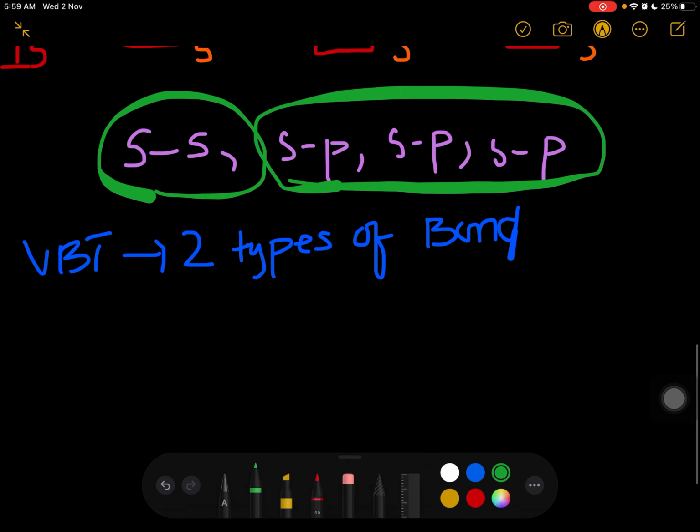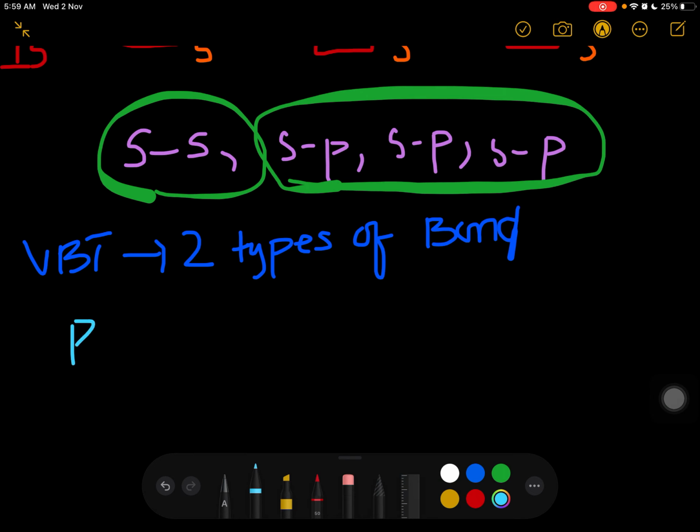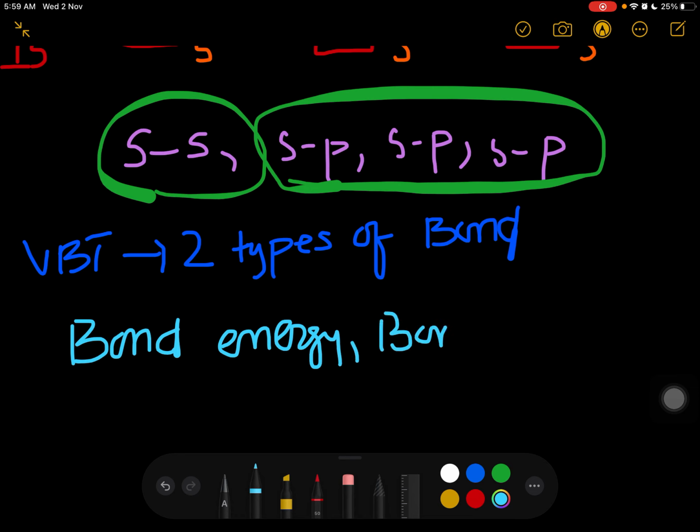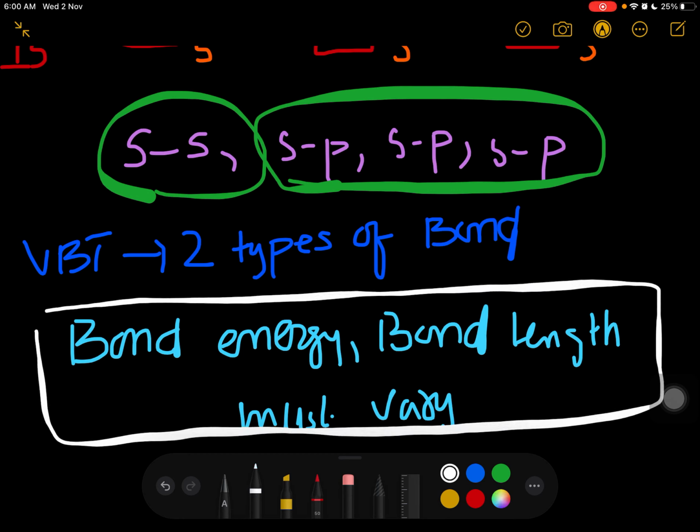So it means that their bond energy and bond length must vary. They must not be the same, they must be different.